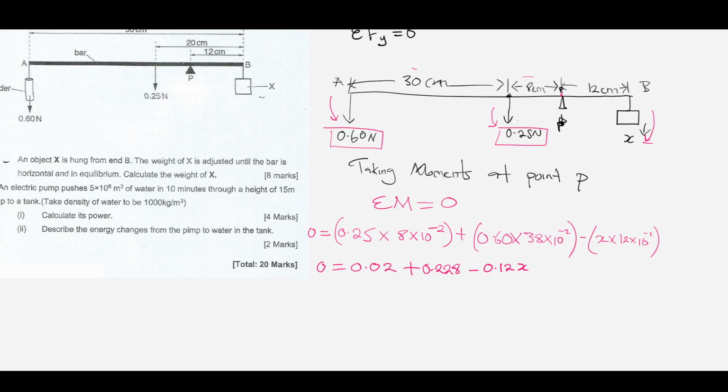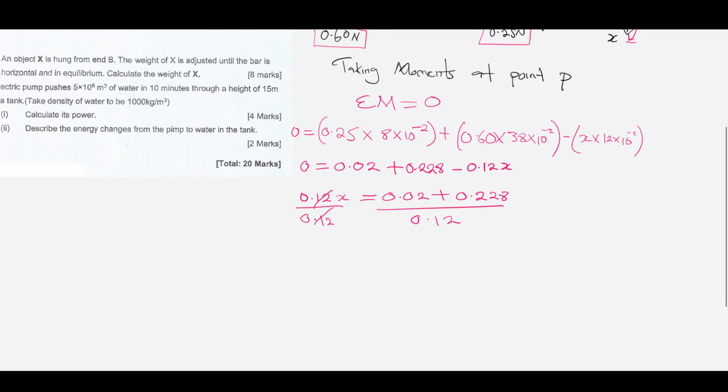So when negative crosses the equal sign, 0.12x is equal to 0.02 plus 0.228, and then whatever we have, we'll divide by 0.12, even on the other side 0.12, so that we remain with x.